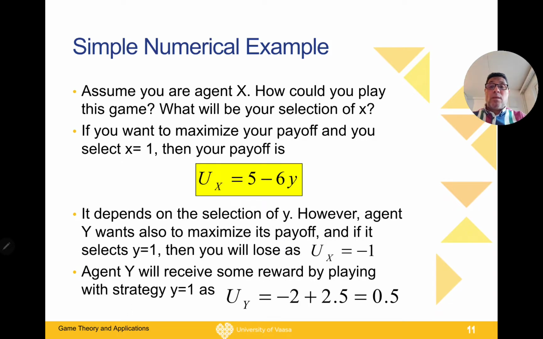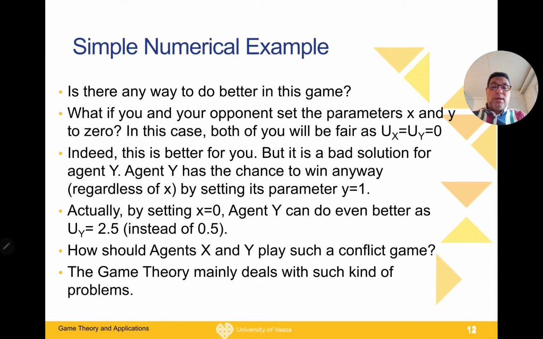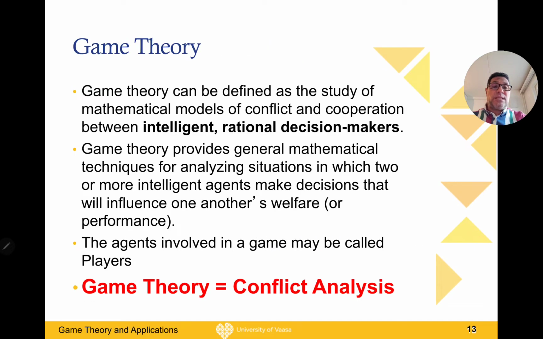Okay. Yes, this is the same example that we have seen. So game theory means conflict analysis: how to analyze the conflict, and it can also suggest the proper solution, or the proper response for that situation.